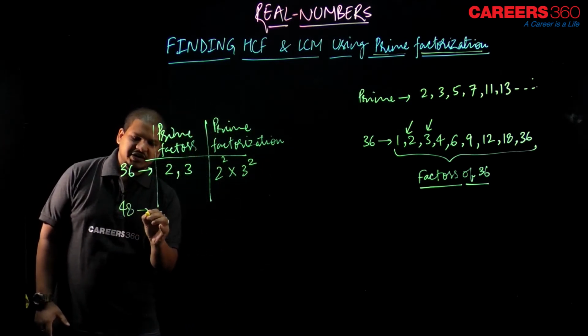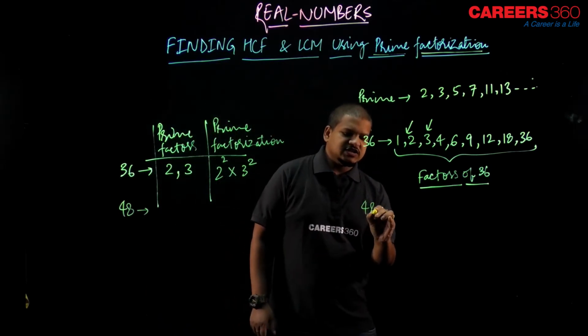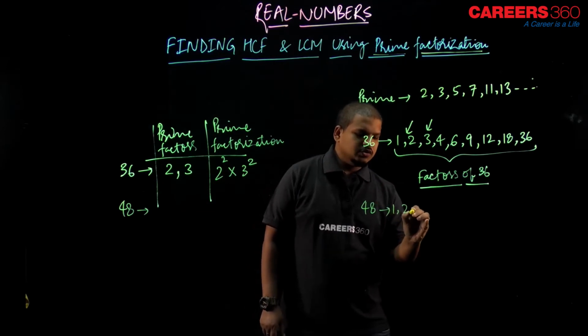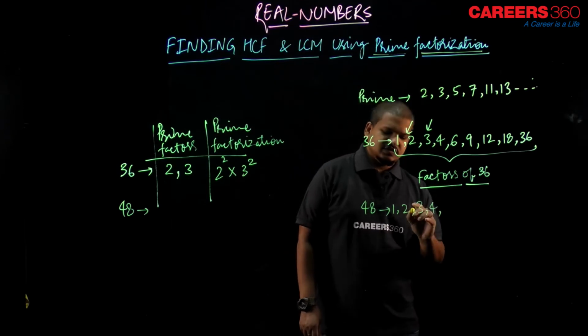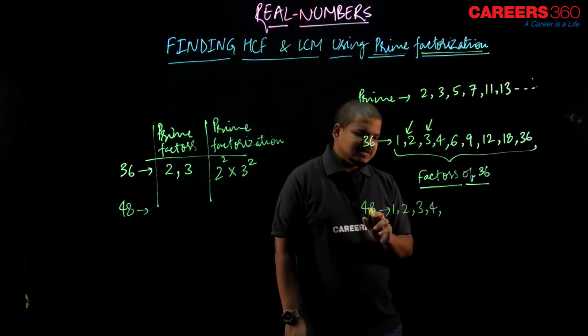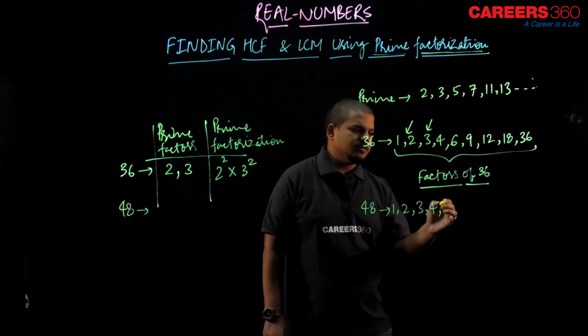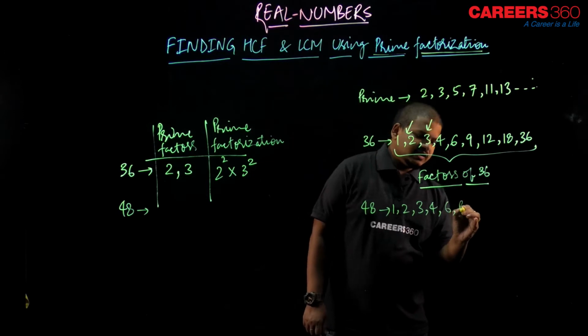Let's take one more example for the sake of simplicity. Let's take 48. Let's list out all the factors of 48. 48, 1, 2, 3, then 4, 5 will not be divisible. 6, obviously it is divisible by 2 and 3, then it will be divisible by 6, then 7, then 8, 8 6s are 48, right?